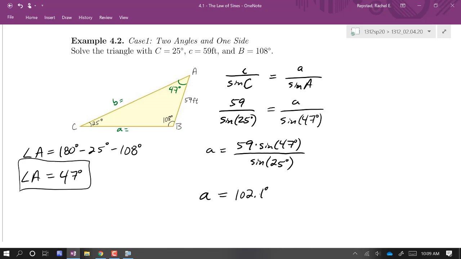It makes sense that this is longer than side C, right? And when we find side B, we're going to expect that to be longer still.